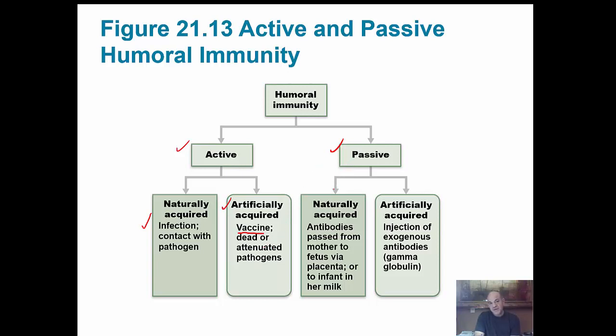And then for passive, again, your B cells are not challenged. In the case of naturally acquired, this will be the case where mom passes antibodies to the fetus or to the infant. And then for artificially acquired, you have an injection of exogenous antibodies like gamma globulin.